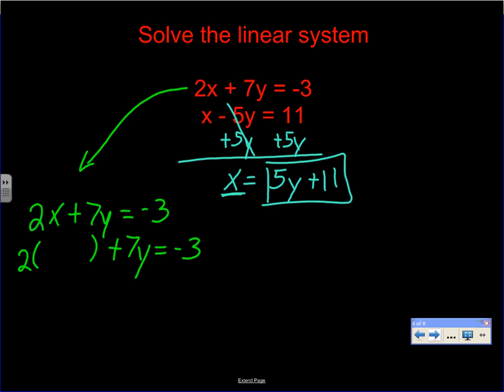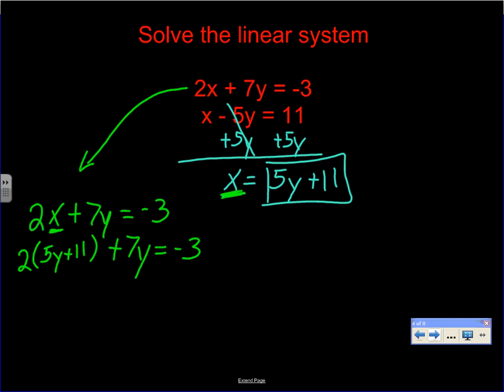Now why did I put that parentheses right there? Because it's going in for x. What do we have that's going to go in for x? 5y plus 11 goes in for x.